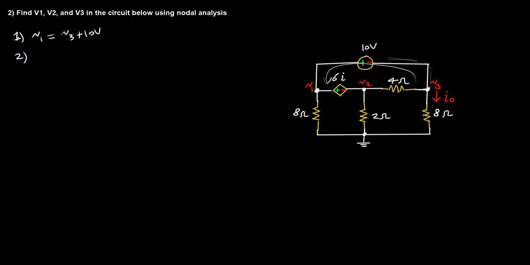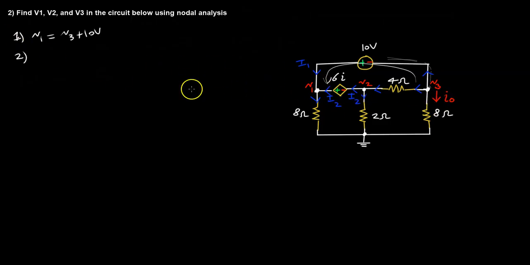Our second equation is going to be based on our direction of current. So let's do that now. So I'll pick this direction of current and call it I. Pick this direction of current and call it, let's see, I1, and call this I2, and let's pick the remaining directions. That is of course I0 going to the bottom there.